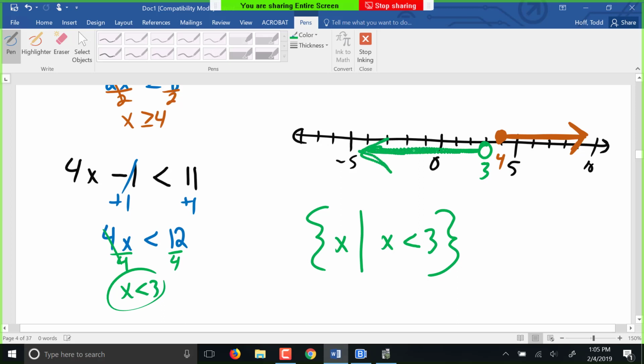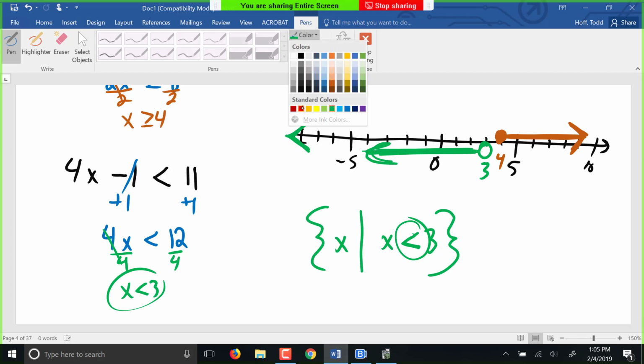I'm cheating and putting them both on the same number line, but you get the picture, right? Yeah, this points to the left, the arrow goes to the left. Or it represents the arrowhead on the left end, we point towards that arrowhead.